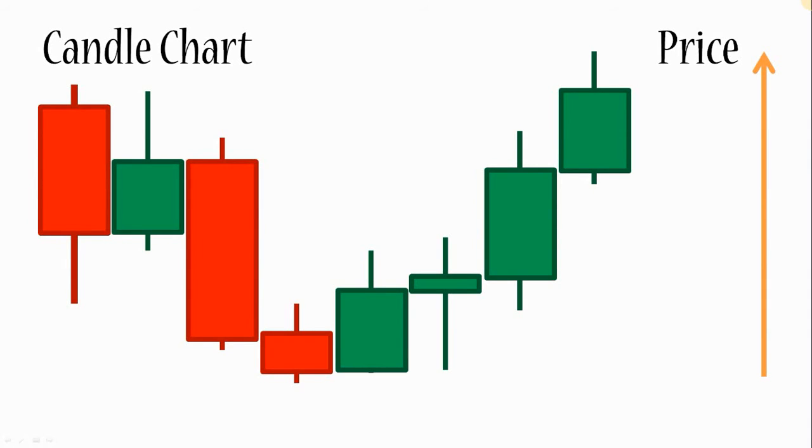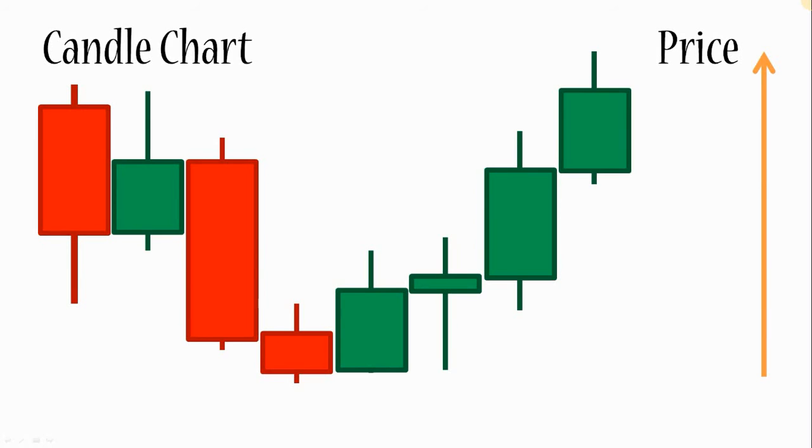And finally, this brings us to the last type of Forex chart, which is a line chart. A line chart basically simplifies this whole process by representing only one single price: the close price. So instead of looking at open, high, low, and close, the line chart will only look at the close price.